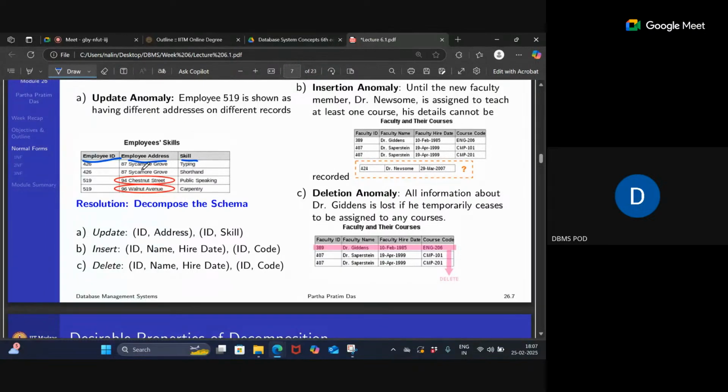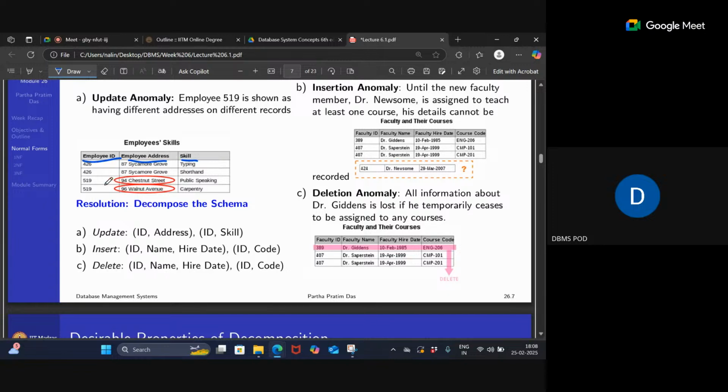If we have multiple records with the same employee ID, like 426, 426, then when the address of the employee has to be updated, we should update it in both the first and second records.